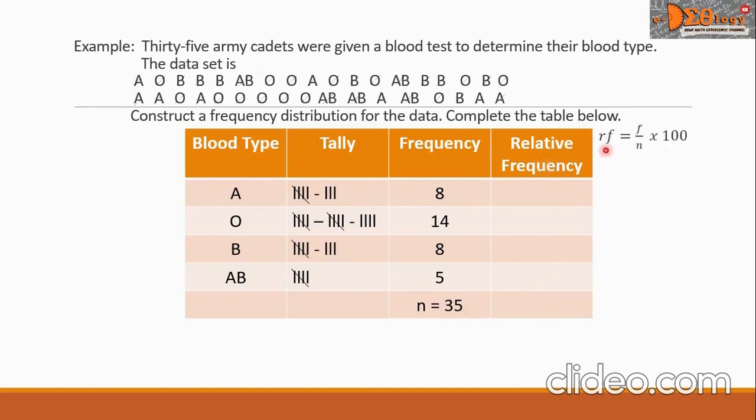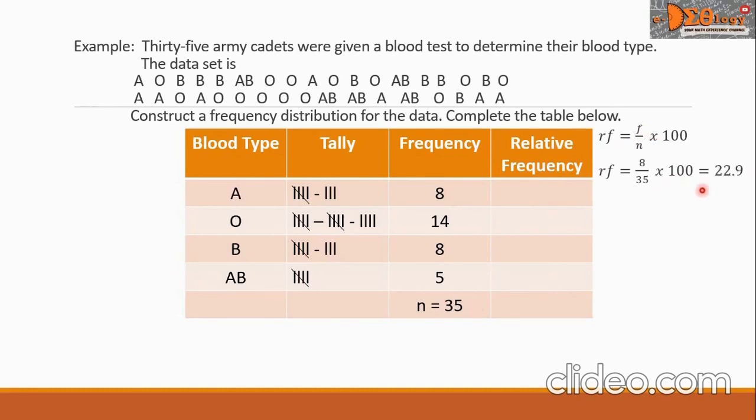The formula is given here. RF, that stands for relative frequency, equals F, that is the frequency, over N, that is the total of the frequencies, times 100. So for the first blank, we're going to have this number 8 divided by 35 times 100.